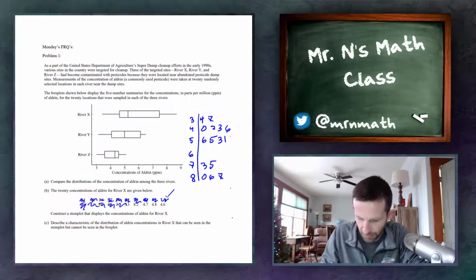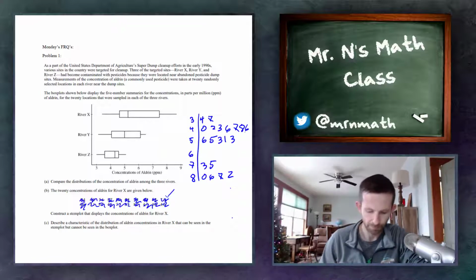Looks like 5.3 is in there. 8.2, 4.7, 4.8, and 4.6.